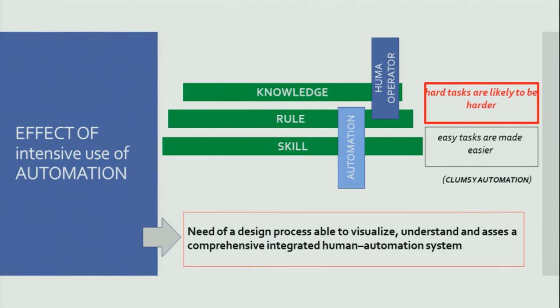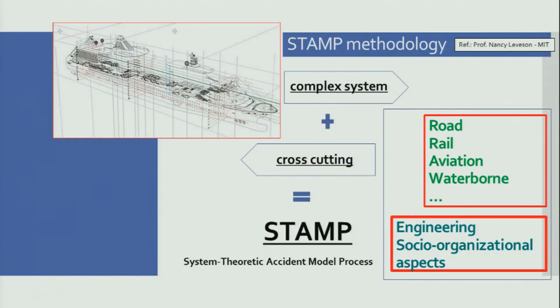So here there is the place where we need to find out a design process that can help to discuss about integrated human and automation systems. We have mentioned this morning that it might be smart to take a look at other transport modes, what others are doing on this topic. And we selected, after this overview, the STAMP methodology, that is a System-Theoretic Accident Model and Processes, that is very good in helping an interdisciplinary approach.